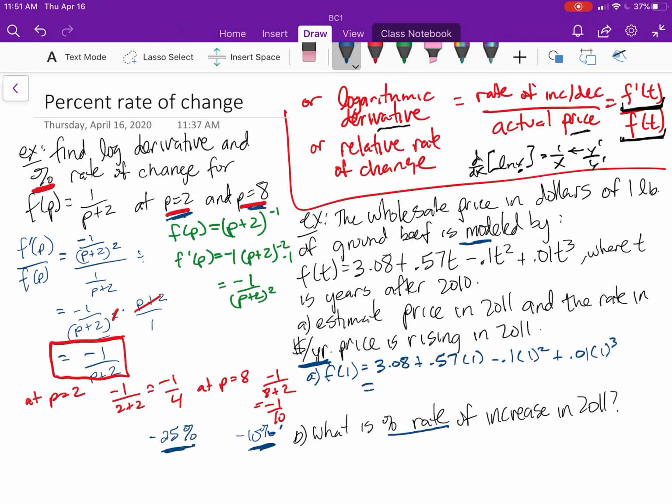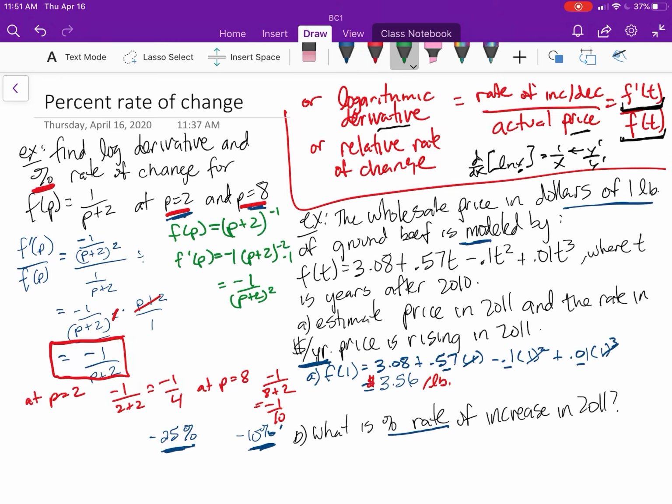Well, all these ones I really didn't need to write, right? So really it's just 3.08 plus 0.57 minus 10 cents plus a penny, and you get 3.56 a pound. So per pound, because it tells you the price in dollars of 1 pound. So 3.56, let's throw in units, dollars per pound.